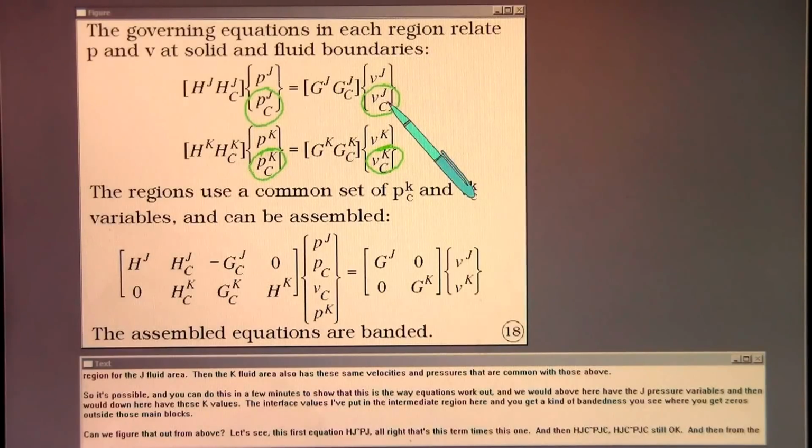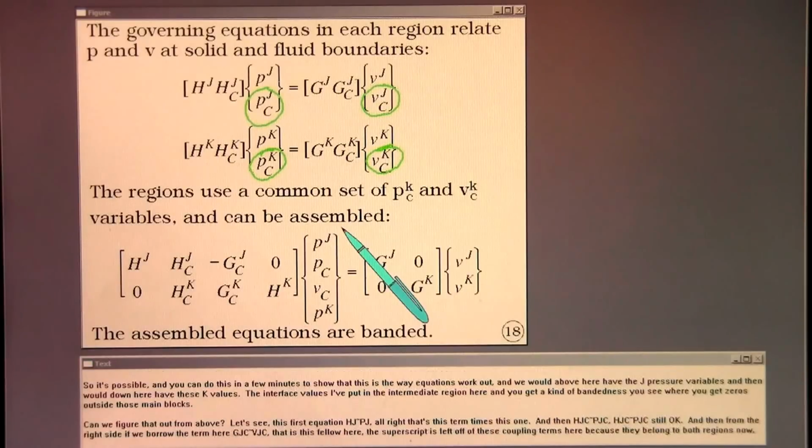So it's possible, and you can do this in a few minutes, to show that this is the way the equations work out. And we would have above here the J pressure variables, and then down here these K values. The interface values I've put in the intermediate region here, and you get a kind of bandedness, you see, where you get zeros outside those main blocks.